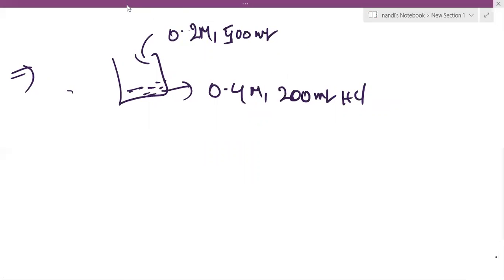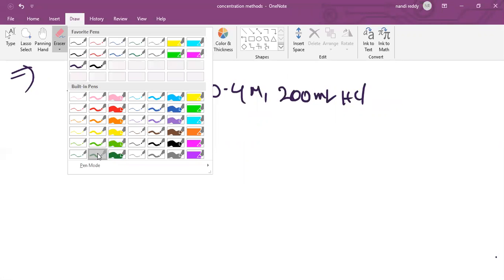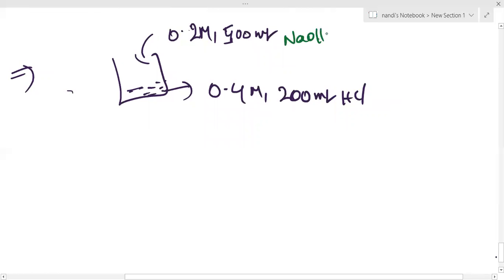So take solutions of opposite nature, you can try it. NaOH we are adding, plus solvent also I am adding, here 300 mL of solvent. Then how do we find the resulting concentration?